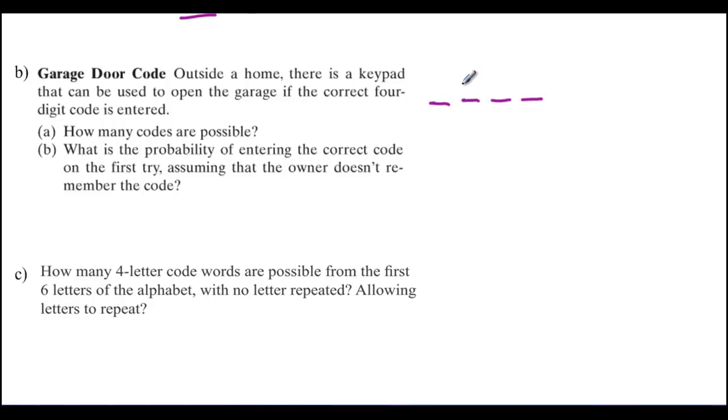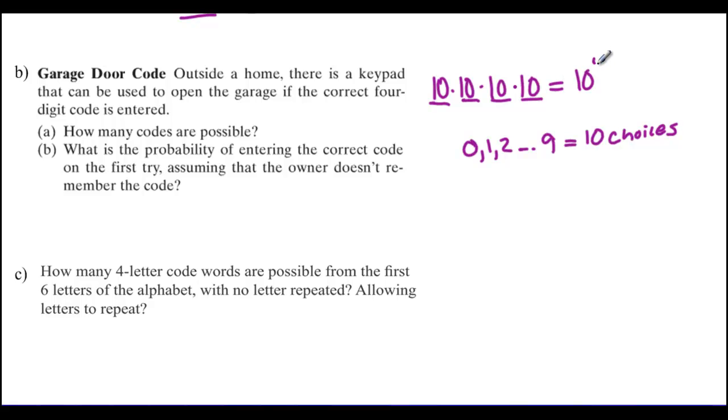Well, we're going to have 10 options in each of these, the 0, 1, 2, all the way through 9. So we have 10 choices for the first digit, 10 for the second, 10 for the third, 10 for the fourth, or 10 to the fourth, which is going to be 10,000 different possible codes.